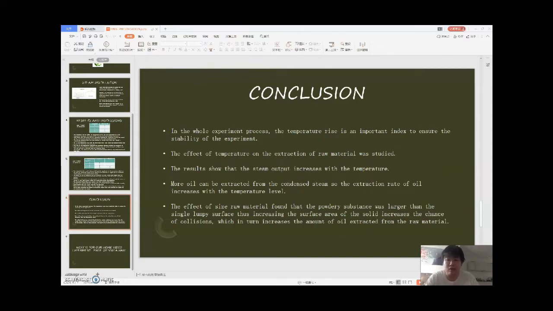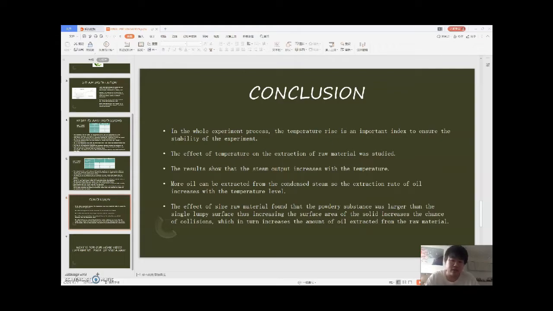The results show that the steam output increases with the temperature, and more oil can be extracted from the condensed steam, so the extraction rate of oil increases with the temperature level. And last but not least, the effect of the size of the raw material found that the powdery substance has a larger surface than the single lump.